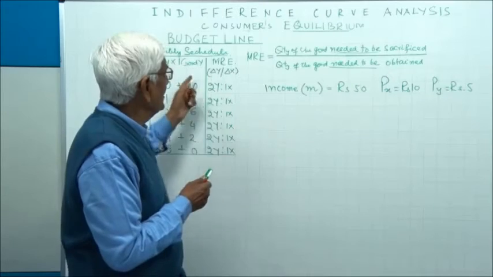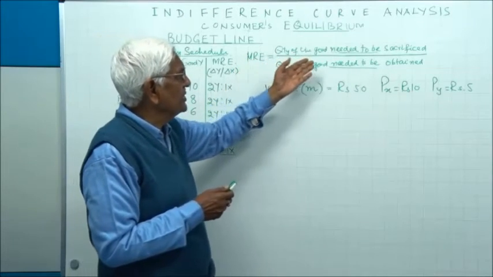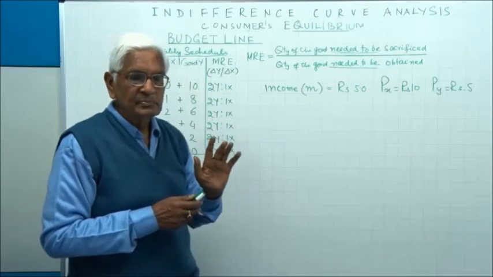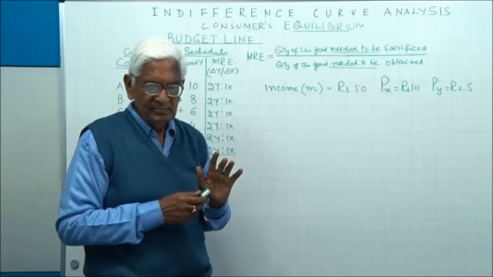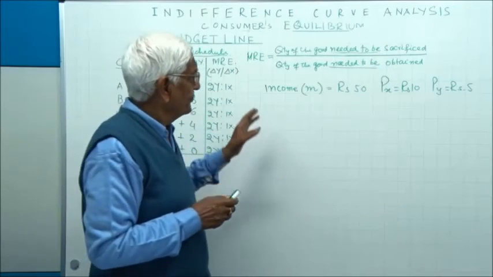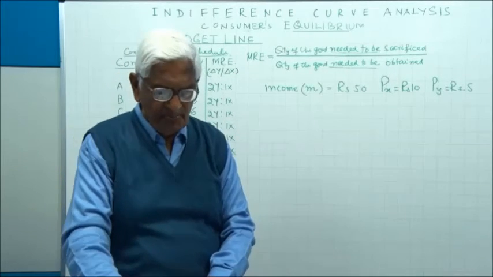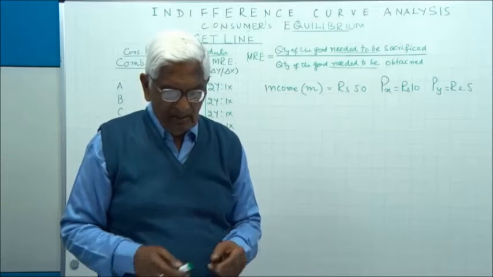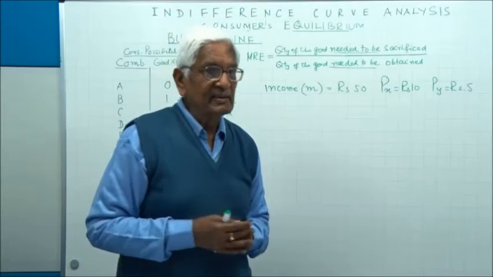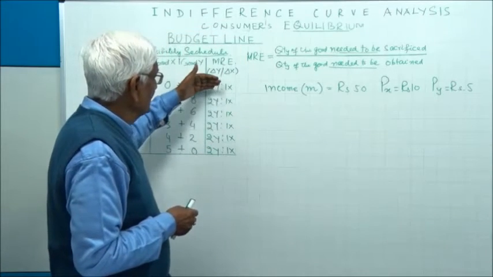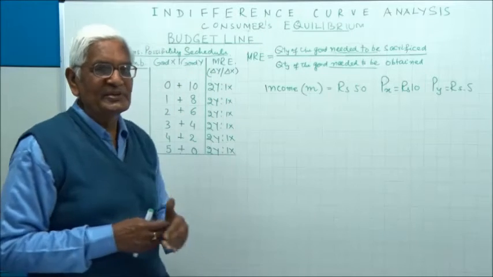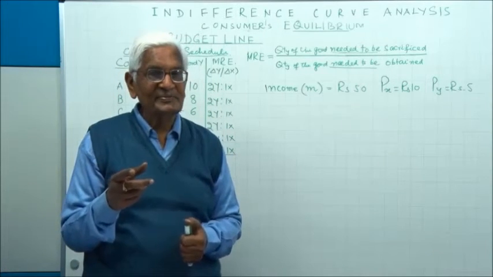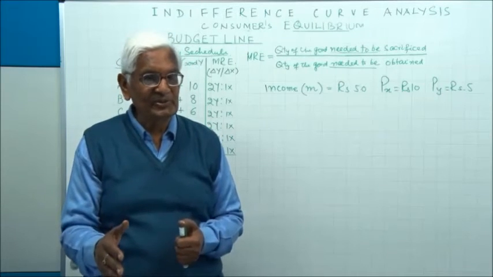This only reveals what he has to pay, and quantity of the good needed to be obtained, which is similar. Now in our case, since quantity of the good needed to be sacrificed is Y, it is delta Y upon delta X. This is our consumption possibilities line. Note another thing. This MRE is constant throughout. What was happening in case of indifference curve? MRS was falling throughout.